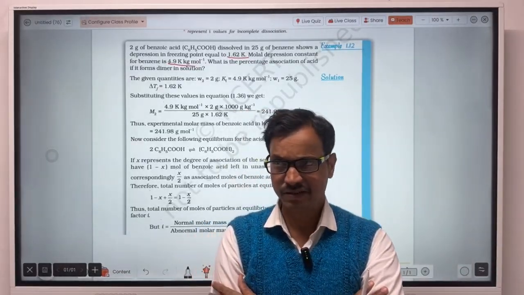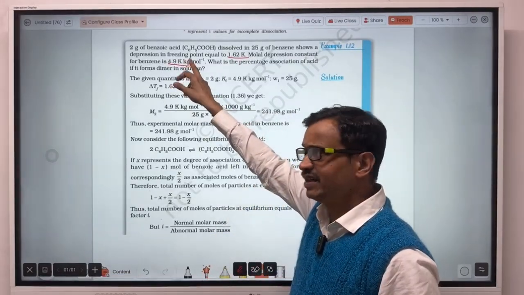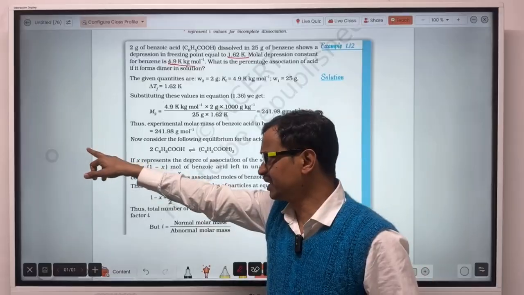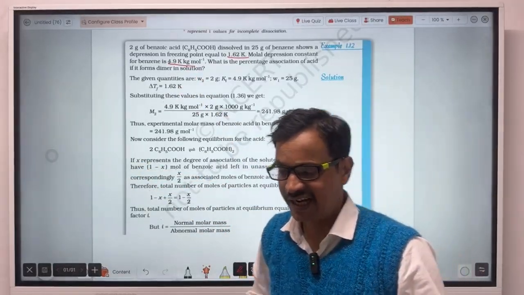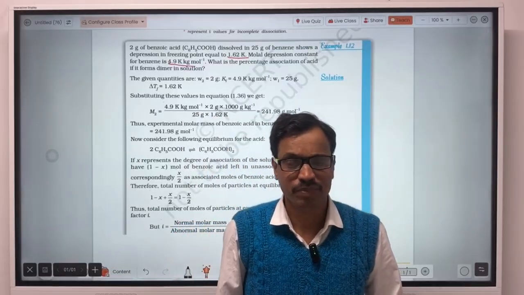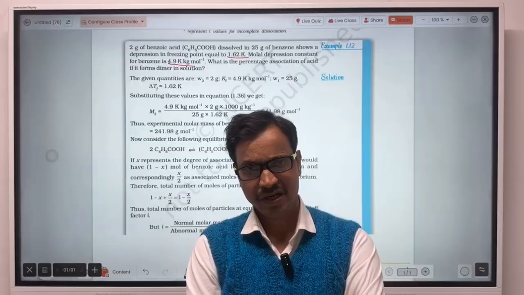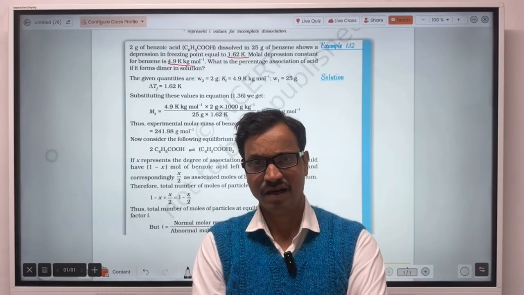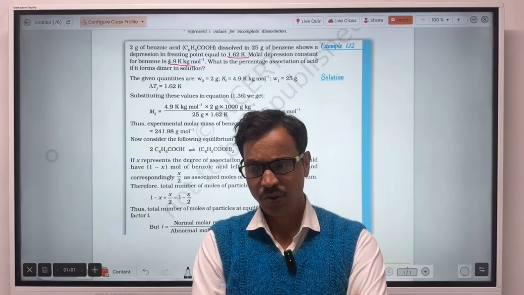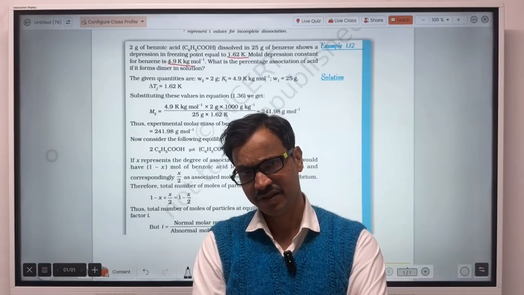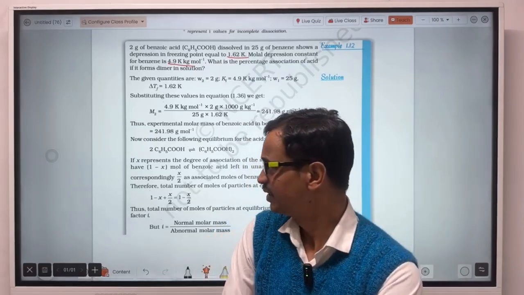Then divide the observed colligative property by the calculated colligative property, and you will get the van't Hoff factor. Another way, the van't Hoff factor is also equal to the number of particles after association or dissociation upon the total number of particles before association or dissociation.